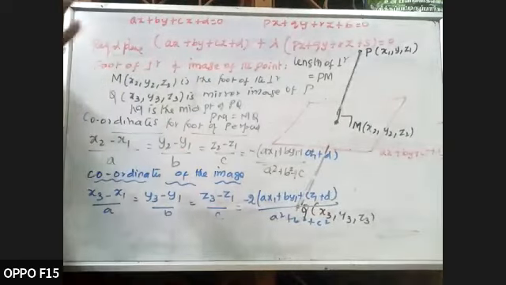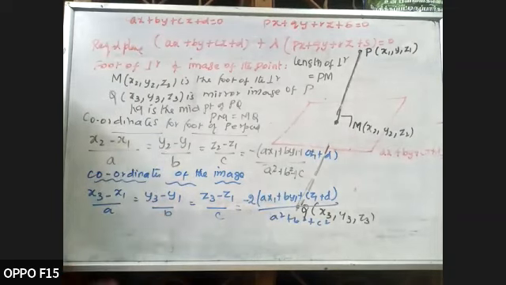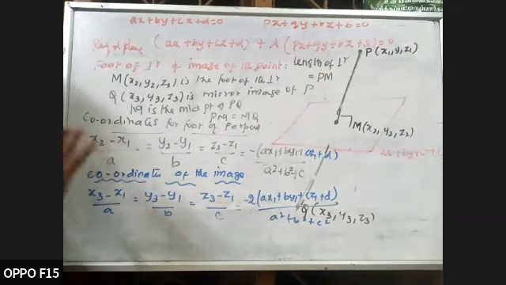This is one of the shortest tricks, a short-trick method to find the foot of perpendicular and the coordinates of the image. If you remember this condition, you can solve any problem without difficulty.